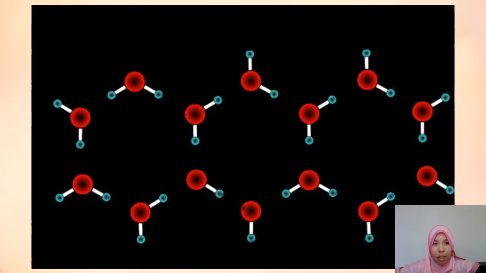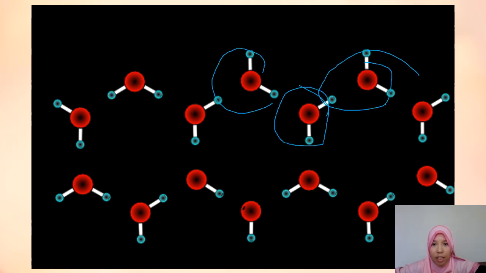This is another picture showing water molecules. If you look at this picture, these are water molecules in water, not at the surface, so they're just floating freely, right?